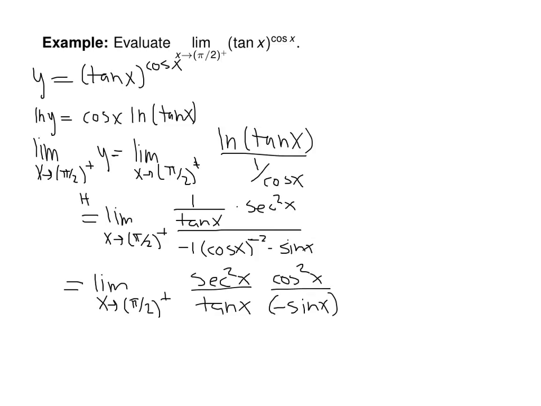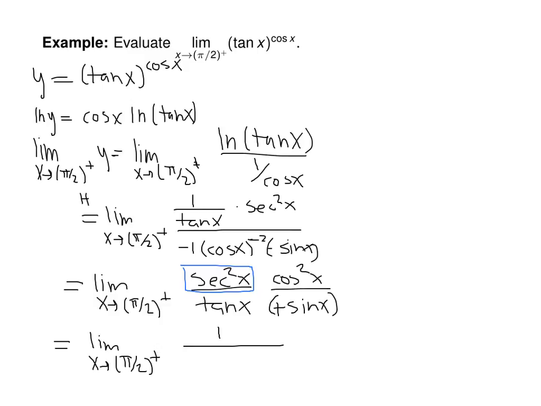And actually, those negatives cancel, giving us a positive. Because that was negative sine x and that negative 1. There we go. So now, remember that secant squared really is 1 over cosine squared. So what I have here is the limit as x goes to pi over 2 from the right. Secant squared times cosine squared is going to give us 1.